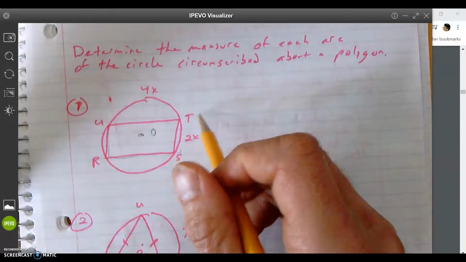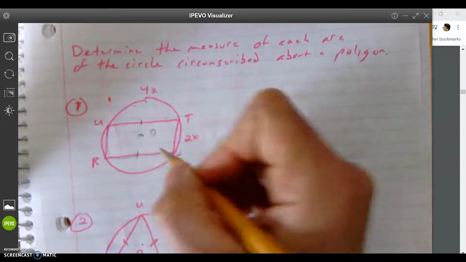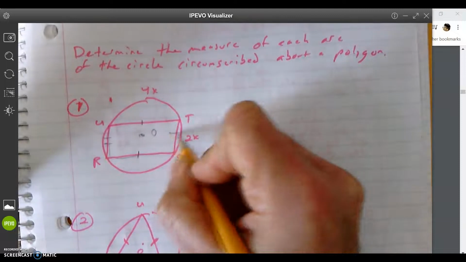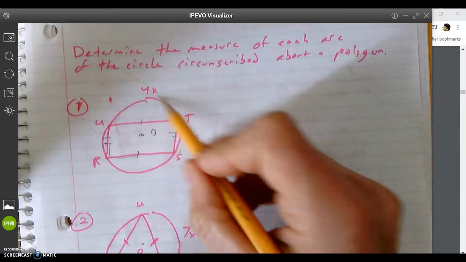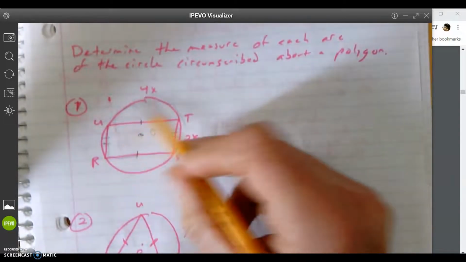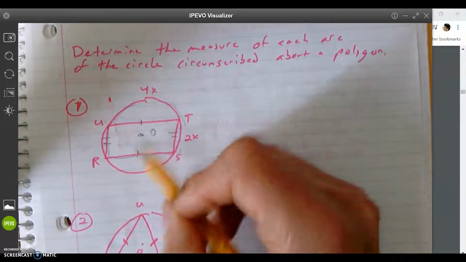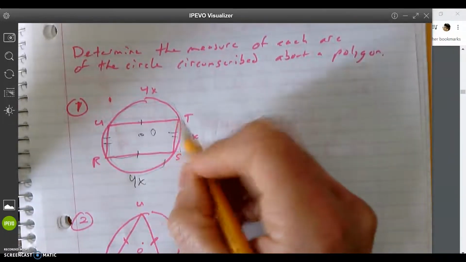So, we know that this is a rectangle. This side is congruent to this side, and this side is congruent to this side. Opposite sides are congruent. So, if this part right here is 4x, this chord is also congruent, so this part is also 4x.